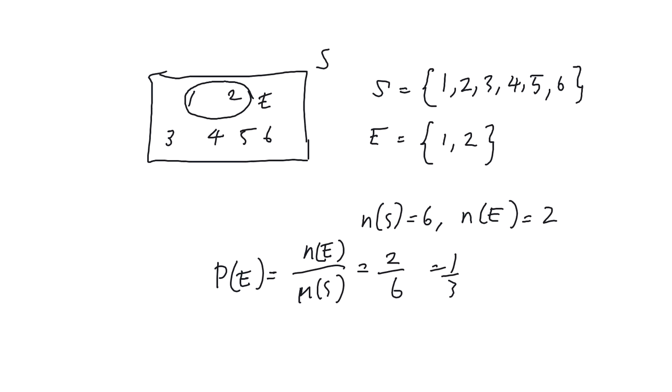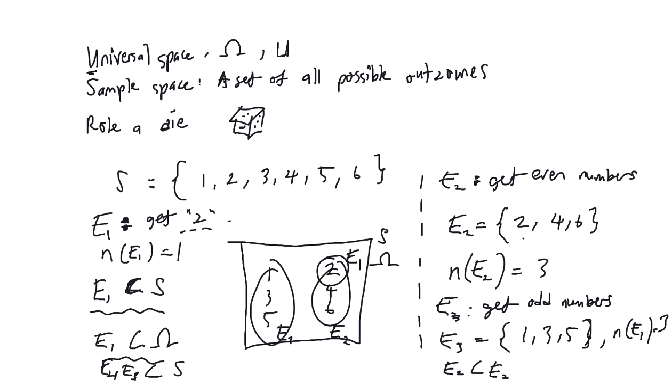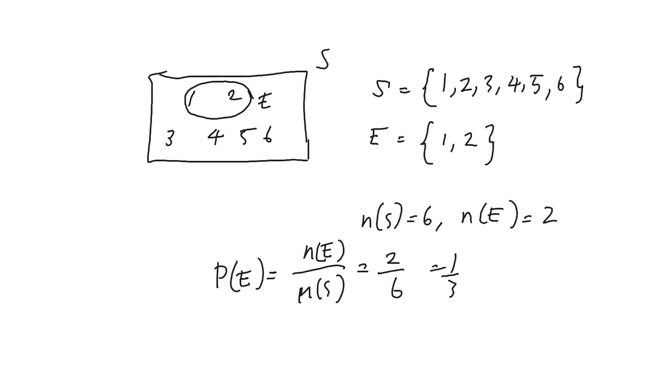What is universal space? What is the meaning of subset? What is the number of elements in an event, and the probability of getting an event out of a defined sample space?